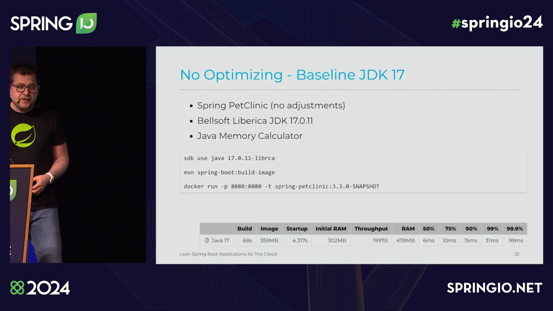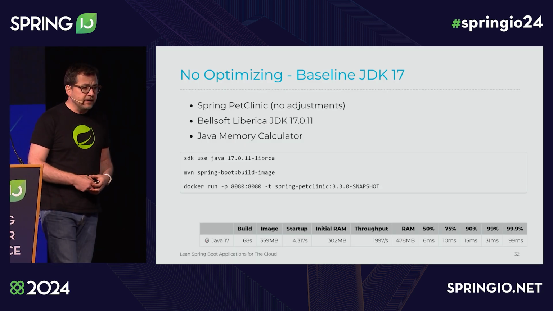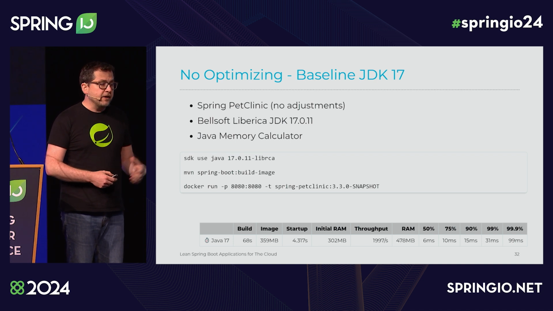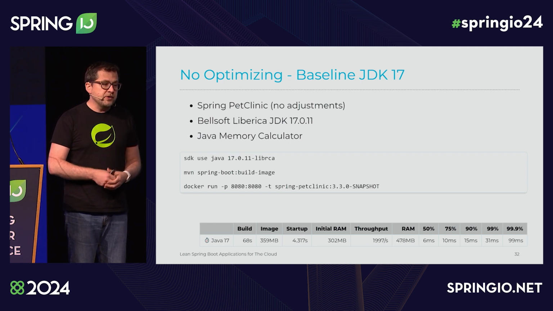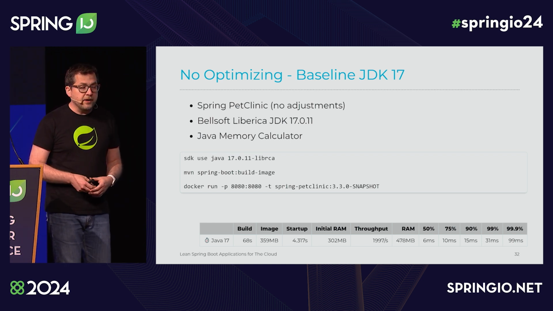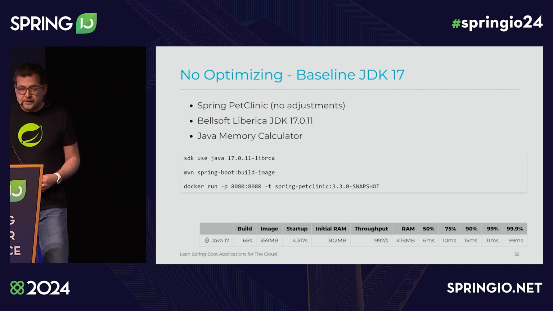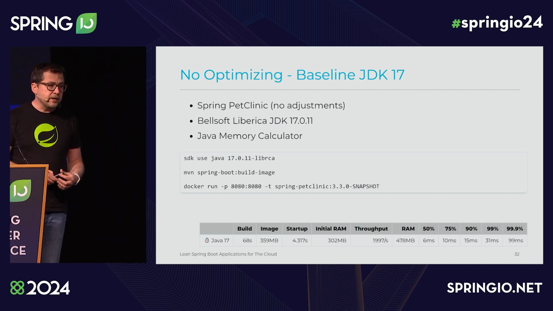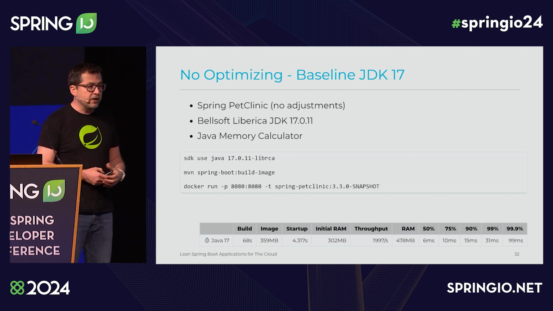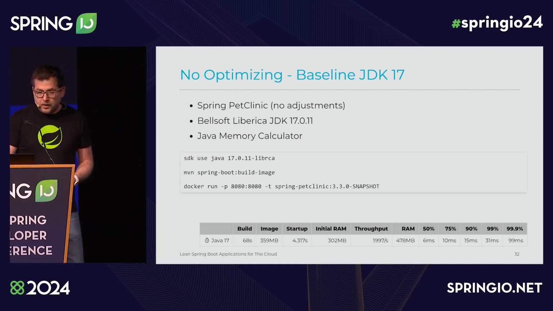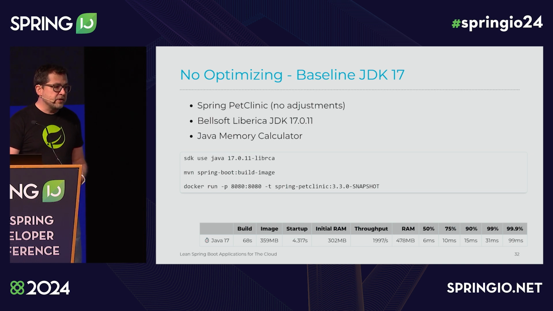What you see is basically my baseline. That means I have Java 17 there. I built the application, which takes a while. The Docker image which is created is roughly 360 megabytes. Then we have a startup of the application which takes about 4.3 seconds. We use about 300 megabytes of initial RAM just after the startup.